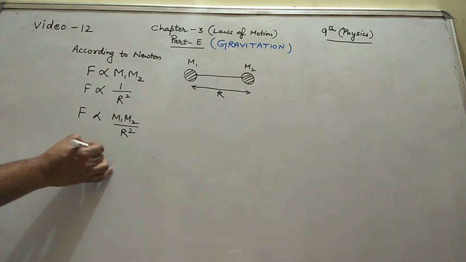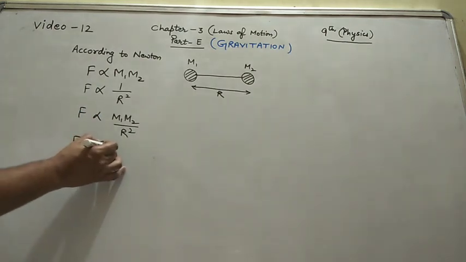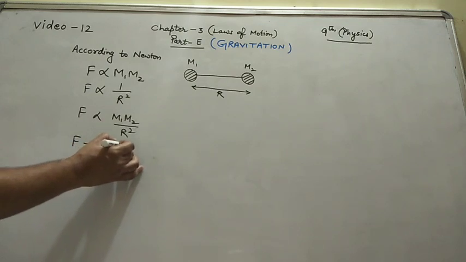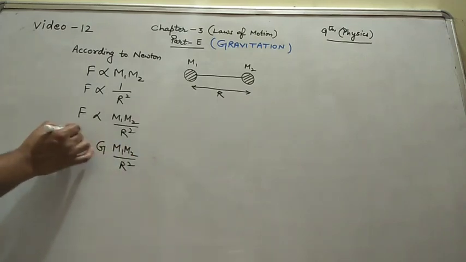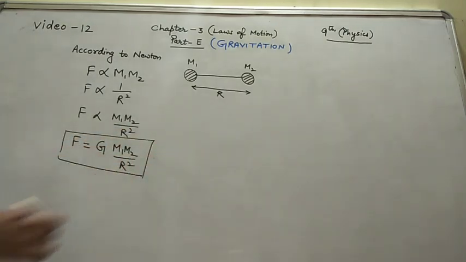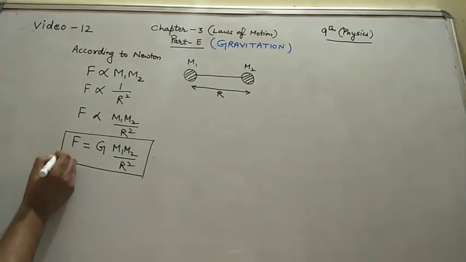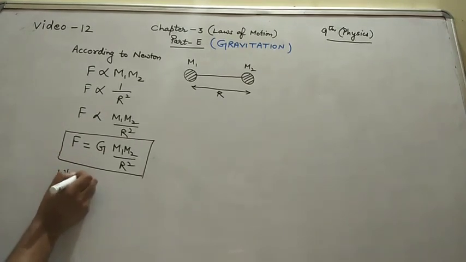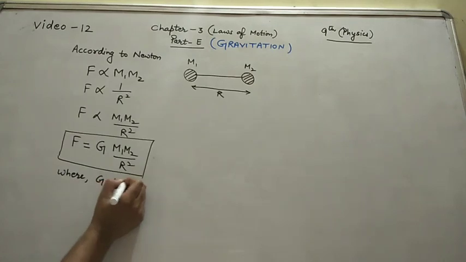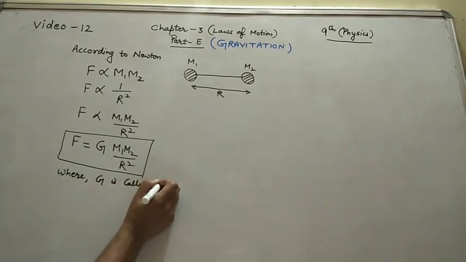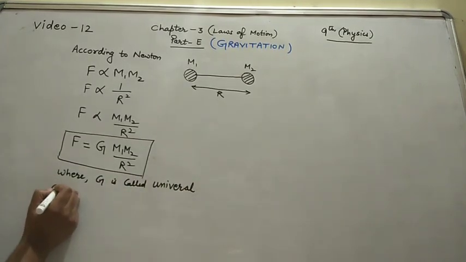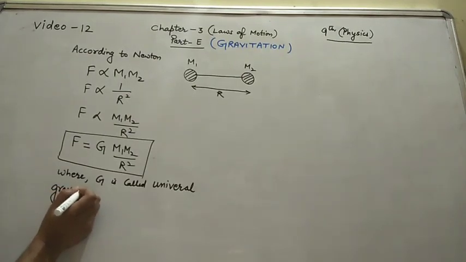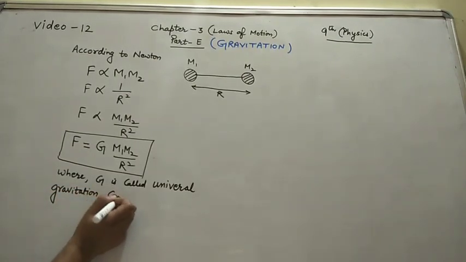If I replace the directly proportional sign with equal to, I have to introduce one constant of proportionality, that is capital G. Now this is the required expression of the force of gravitation, where capital G is called the universal gravitational constant.